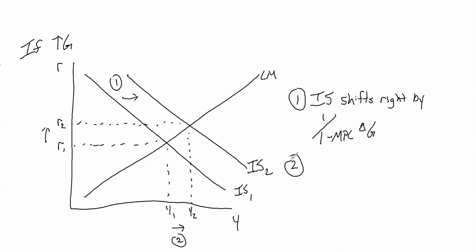The increase in government spending still increases income. When it increases income, it also increases that desire to spend. And people need to hold more money if they're going to spend more. And that increases the interest rate.